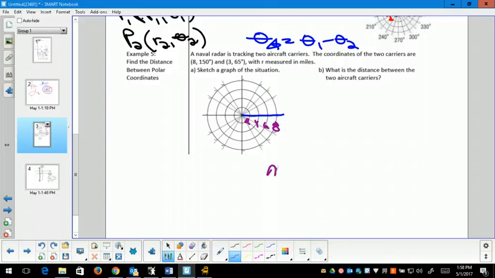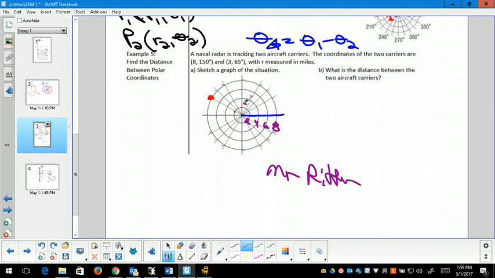Anyhow, so here's 3, 65 degrees roughly. Had to change it. And then 8, 150. 150 is over here, so 2, 4, 6, 8 would go here.